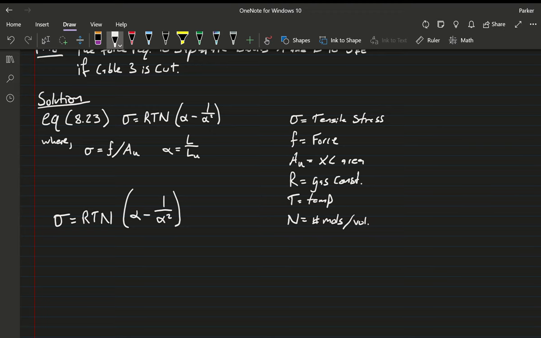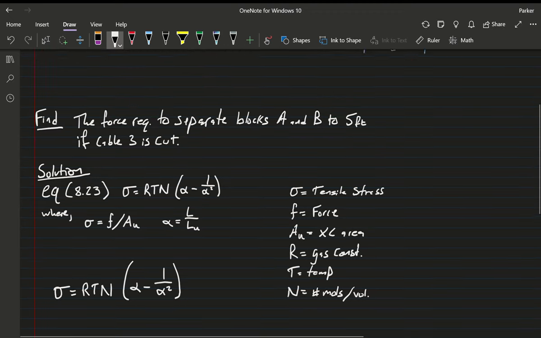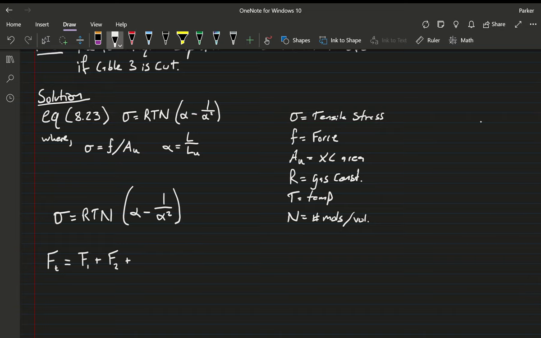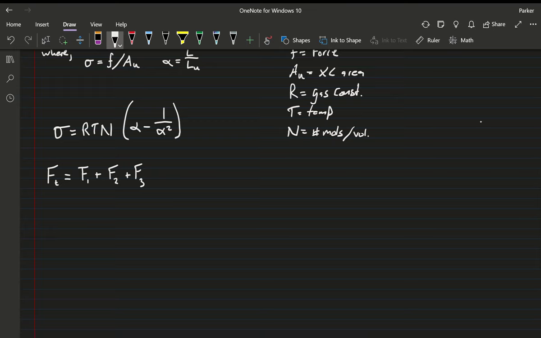And since we have 3 of these different cables, then we'll have a sigma 1, a sigma 2, a sigma 3, etc., right? So if we want to find the total force, Ft, of the system, it's equal to the force of cable 1 plus the force of cable 2 plus the force of cable 3. And we know that these forces are sigma times the cross-sectional area of each component.